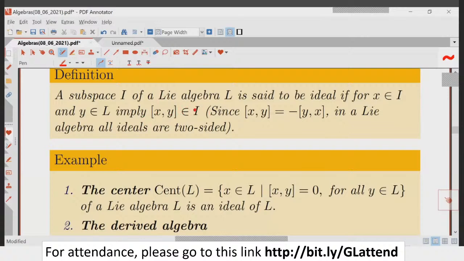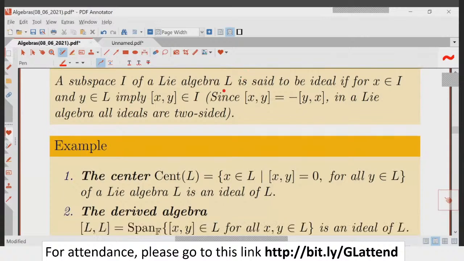But in a Lie algebra you have an interesting phenomenon because it is antisymmetric: any left ideal is a right ideal. So that's why a Lie algebra has only two-sided ideals. It doesn't have one-sided ones. All ideals are two-sided ideals.